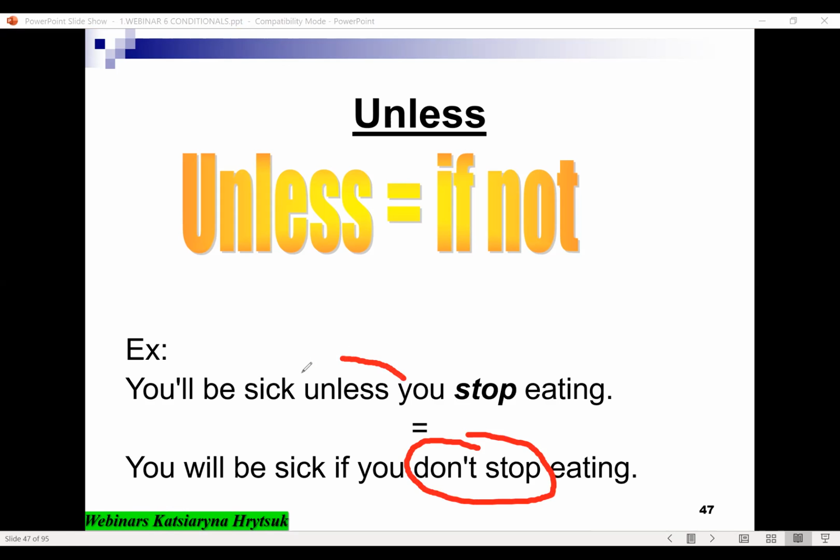If you have unless, there cannot be a negative word. Remember, unless is if not.